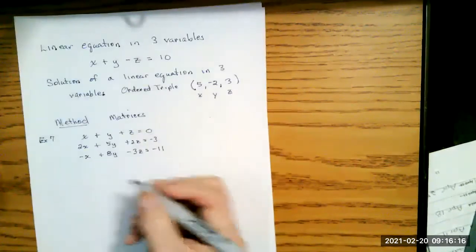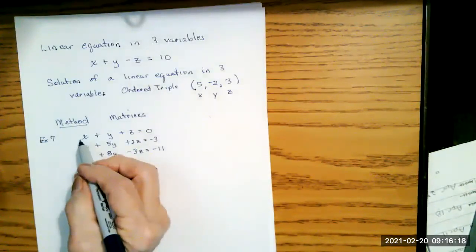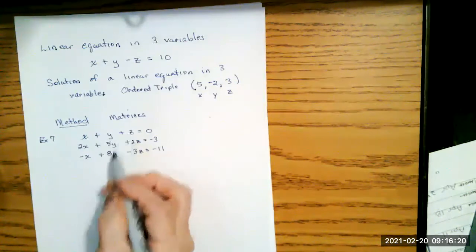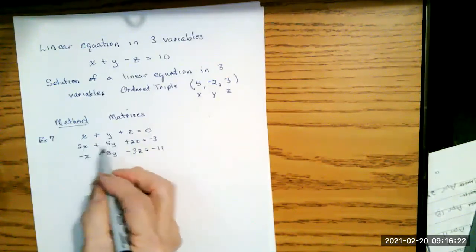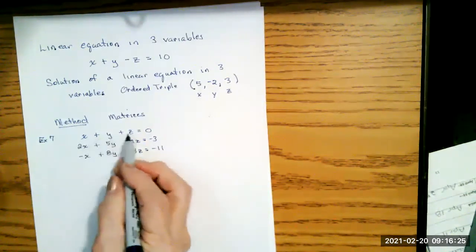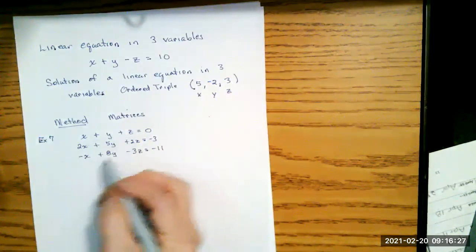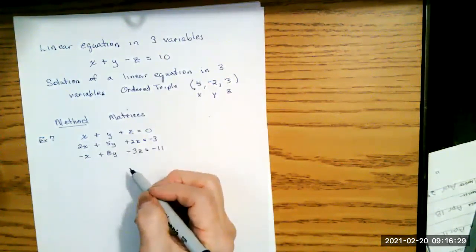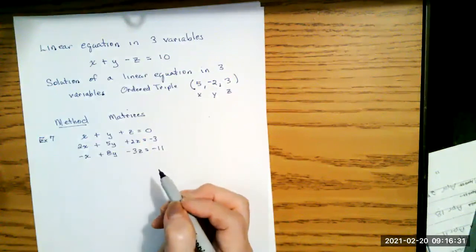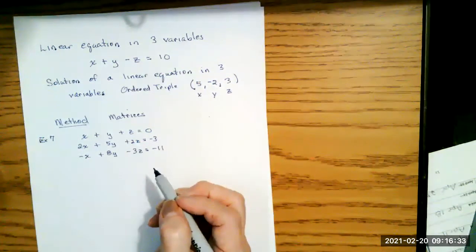So what you want to do, you can see that some of these coefficients are missing here. This one has a 2, a 5, and a 2, but there's not one here. There's really not one here. So what you want to do is fill in those places with a 1 coefficient if you have a variable.